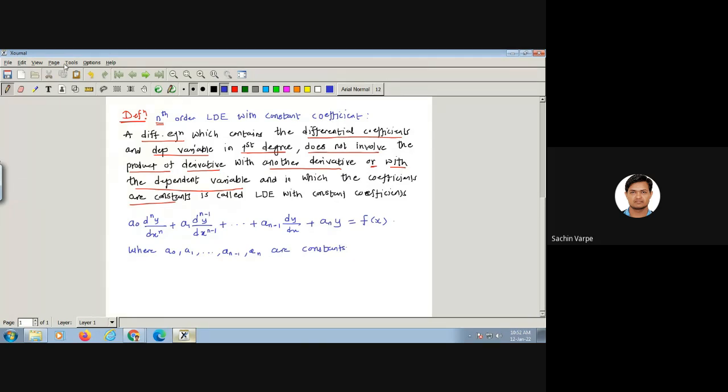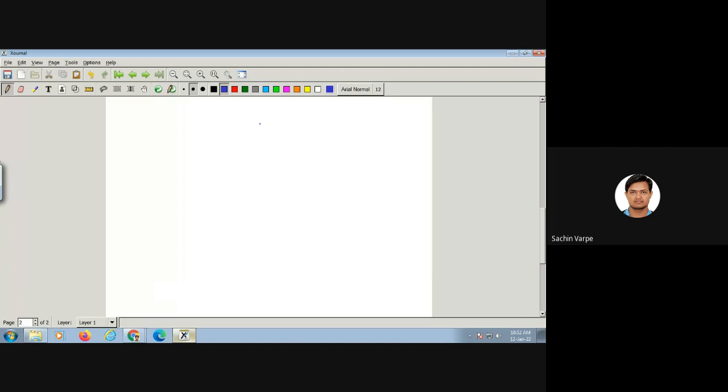Okay, so this is the standard form of nth order linear differential equation.